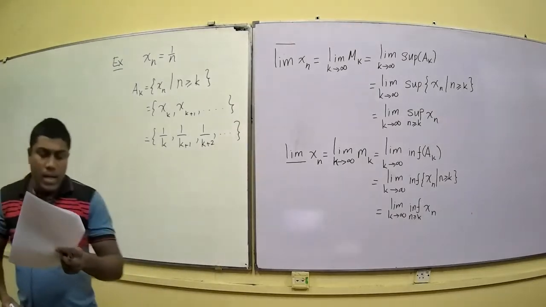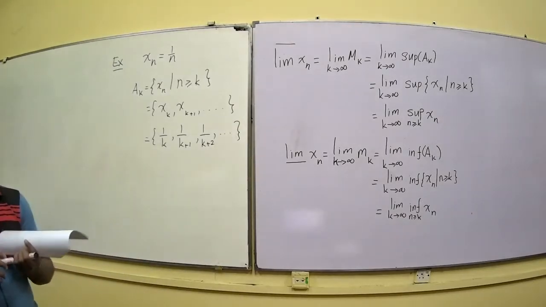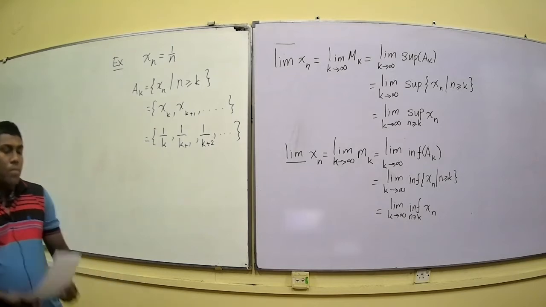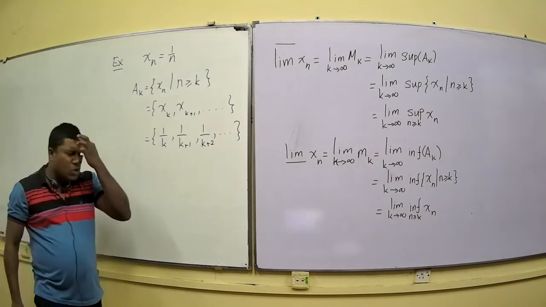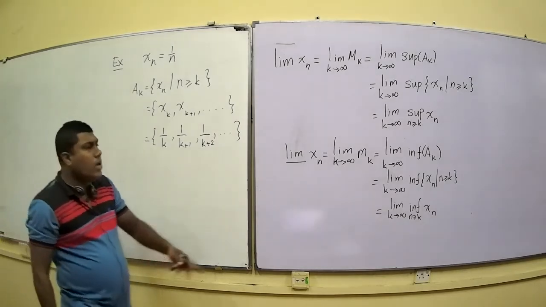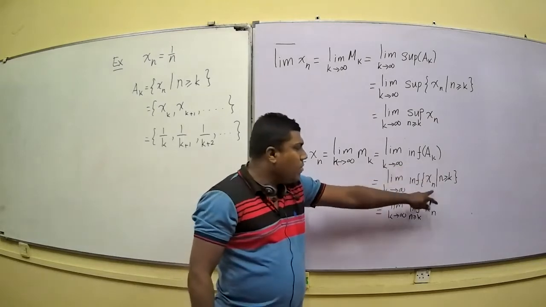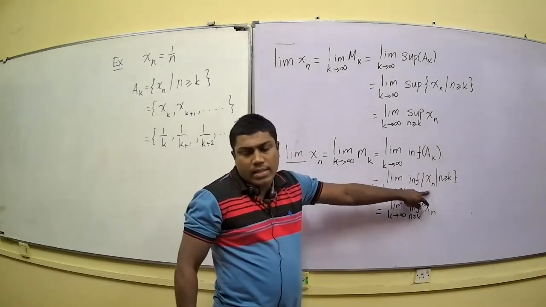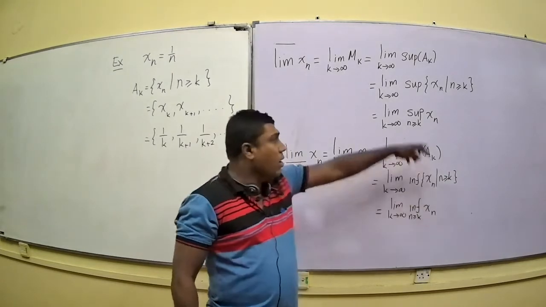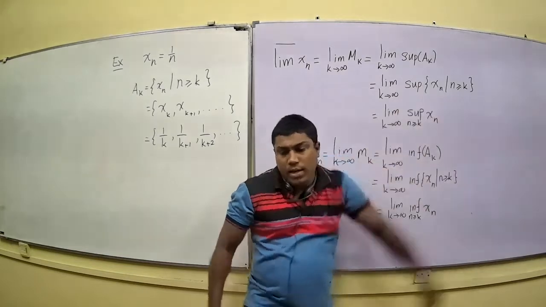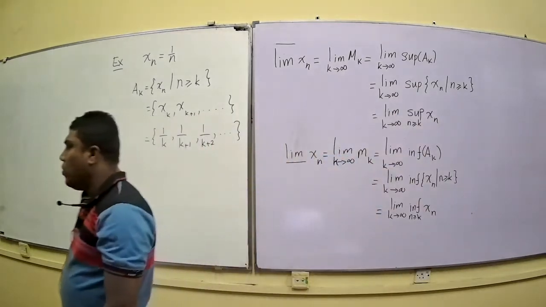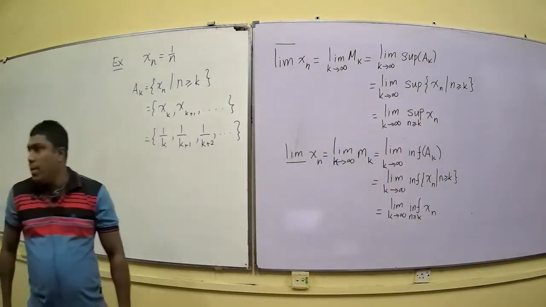So this is your set AK. If you want to find lim sup or lim inf, in both cases, first you have to define the set AK like this, xn such that n is bigger or equal to k.